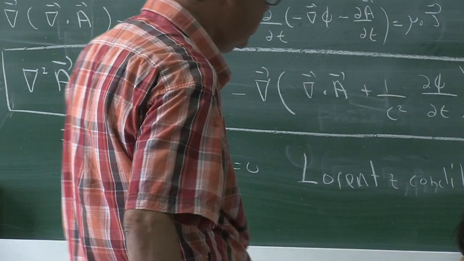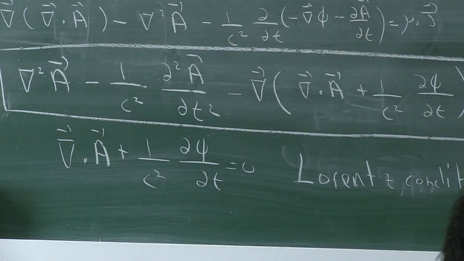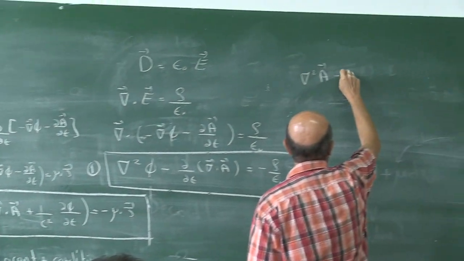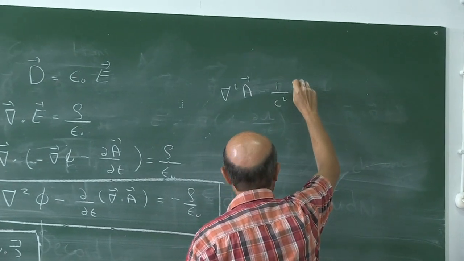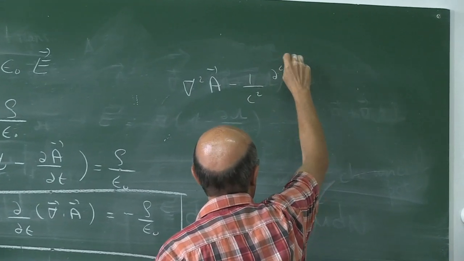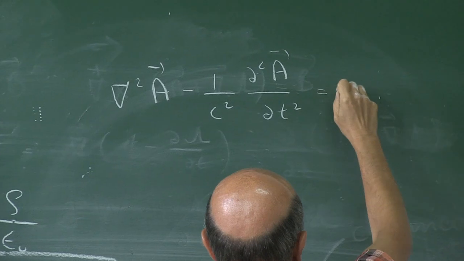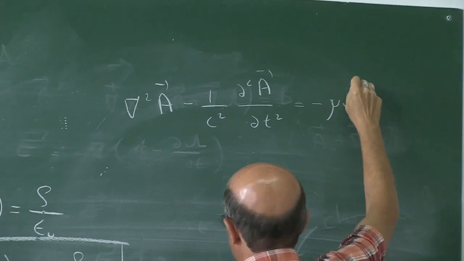Under this condition, the second becomes a non-homogeneous wave equation, that is equal to minus mu 0 current density.